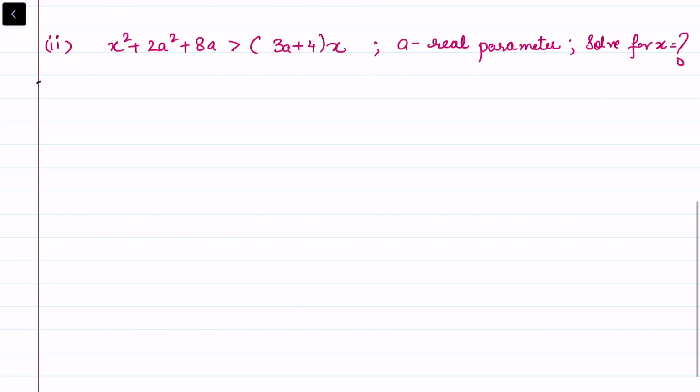Now in the second problem also we want to solve this. So take everything on the left hand side and we get x square minus (3a plus 4) times x plus 2a(a plus 4) greater than 0. Now let us make the factors of this statement quickly.